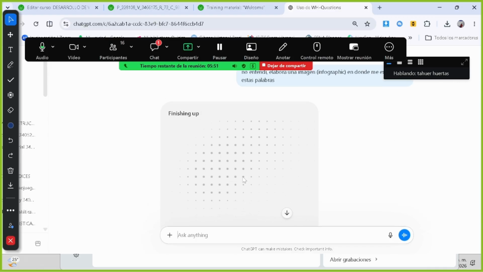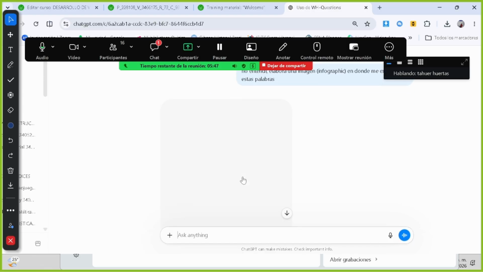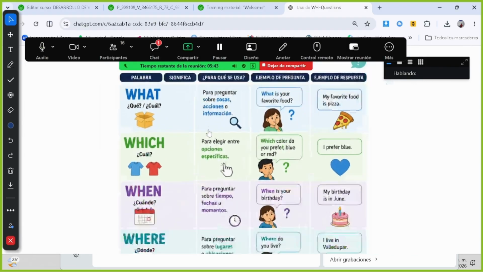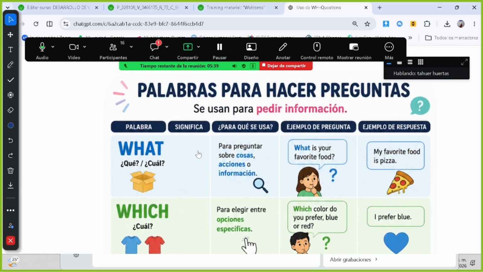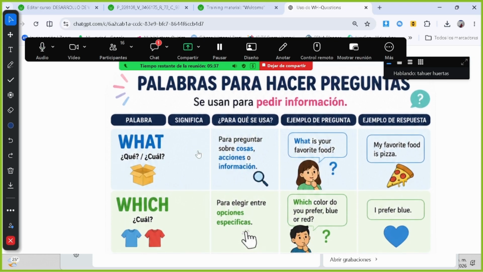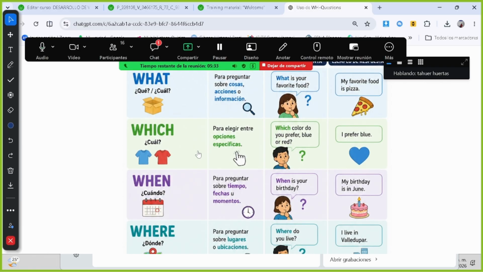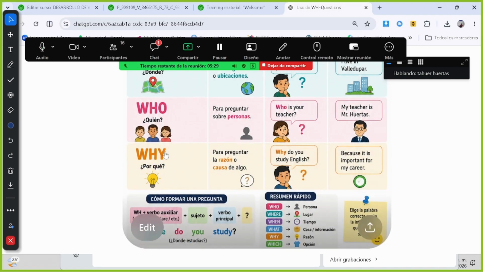In this case I am creating, oh, look, here we can have an image of the relationship of these words: what, which, when, where, who, and why.